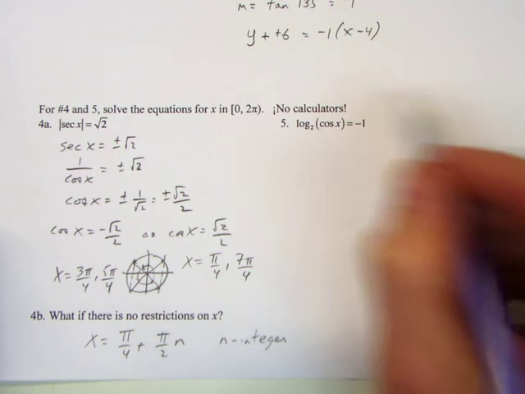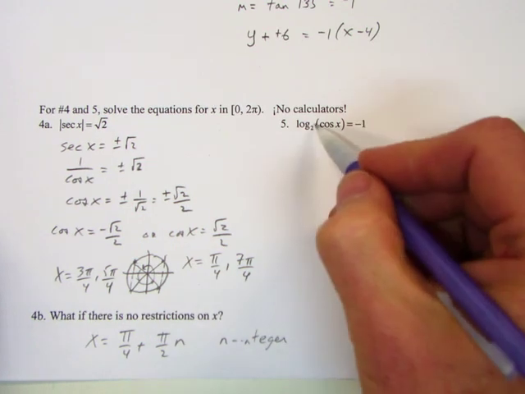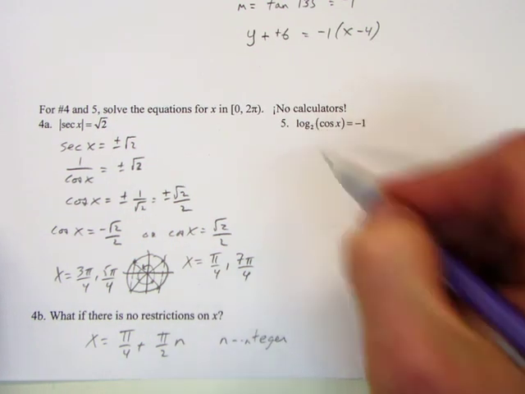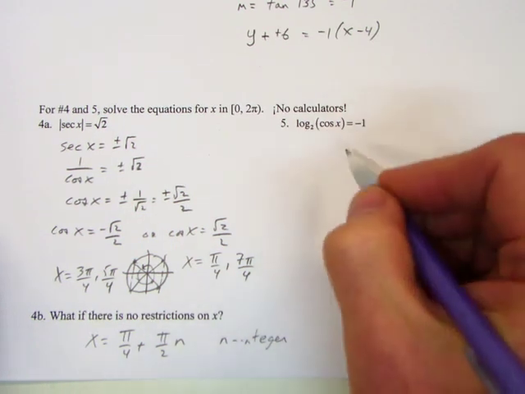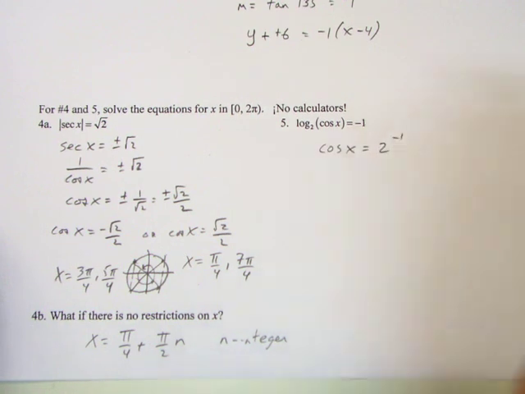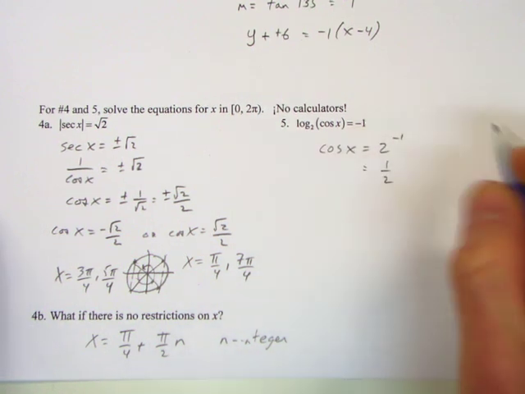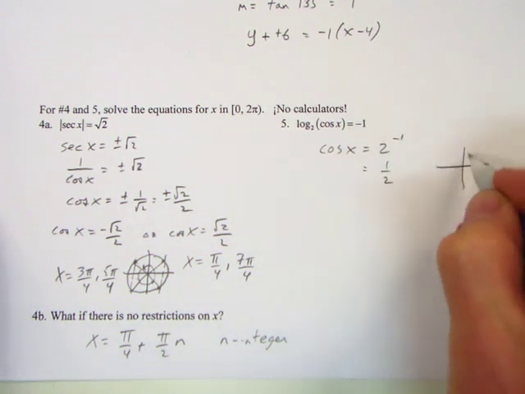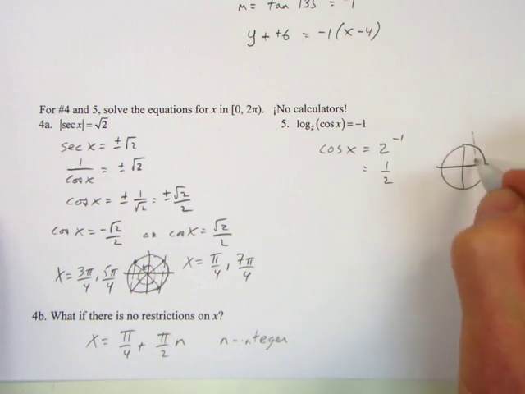Let's take a look at the next one. We haven't dealt with logs in a while. Remember, the base of our log becomes the base of an exponential when we transform it. So cosine of x equals 2 to the negative 1, or in other words, 1 over 2. We look at our unit circle. Cosine equals a half, so that's x equals 1/2.